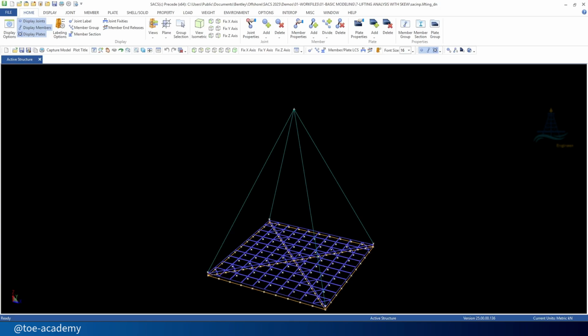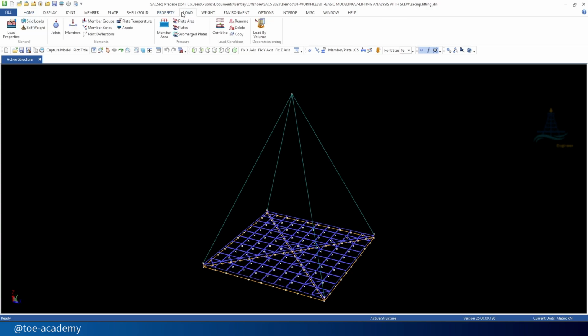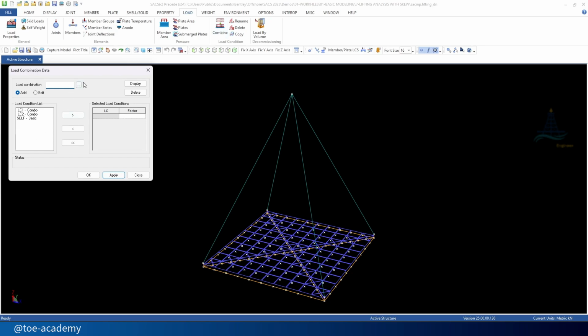So for that, I will come to my previous model, and here let me take a look at the load combination. I have these two load combinations which I gave for the API. So I can delete one of the load combinations. Let me delete this one. I will have only LC1.